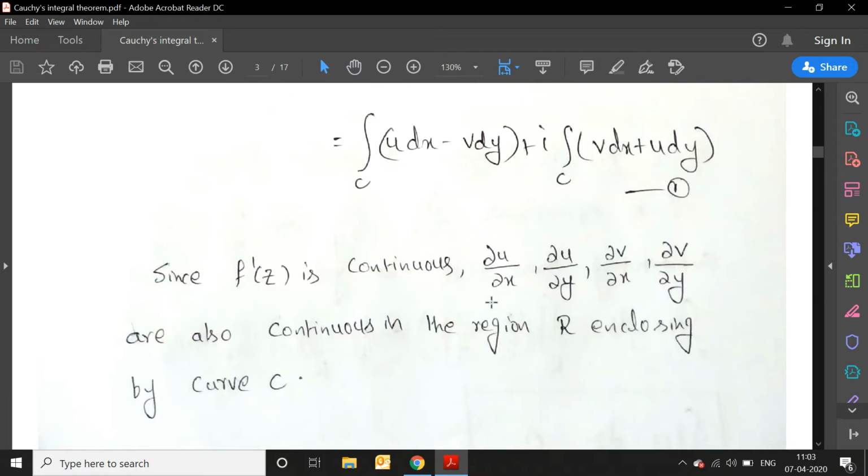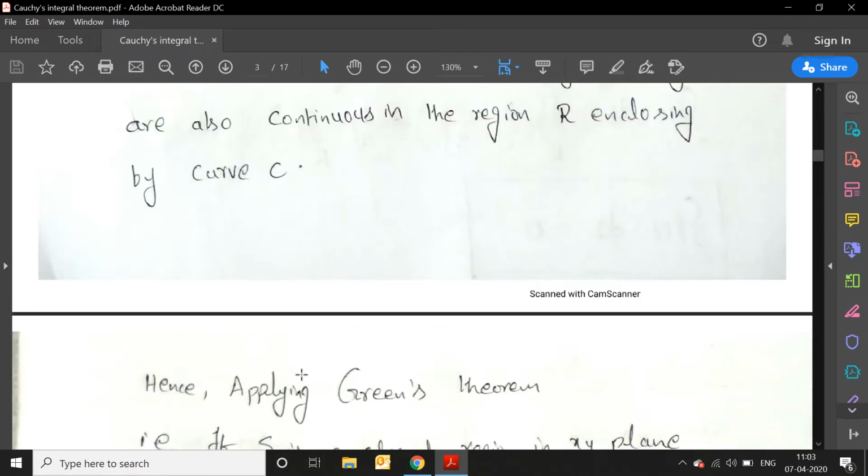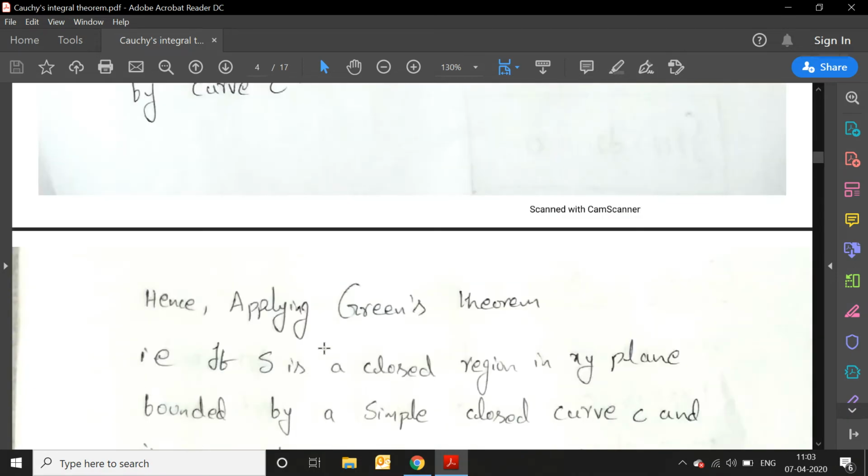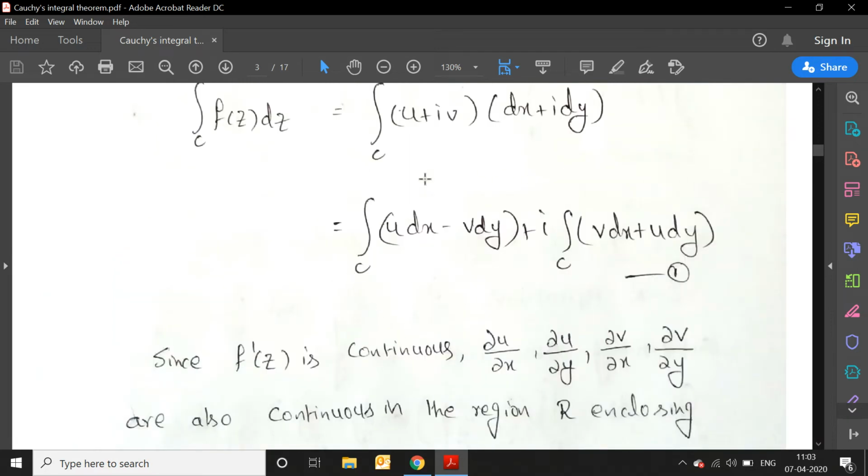Since f'(z) is continuous, as we already discussed, these four derivatives are also continuous in the region R enclosed by the curve C. So now we apply Green's theorem to solve equation 1.